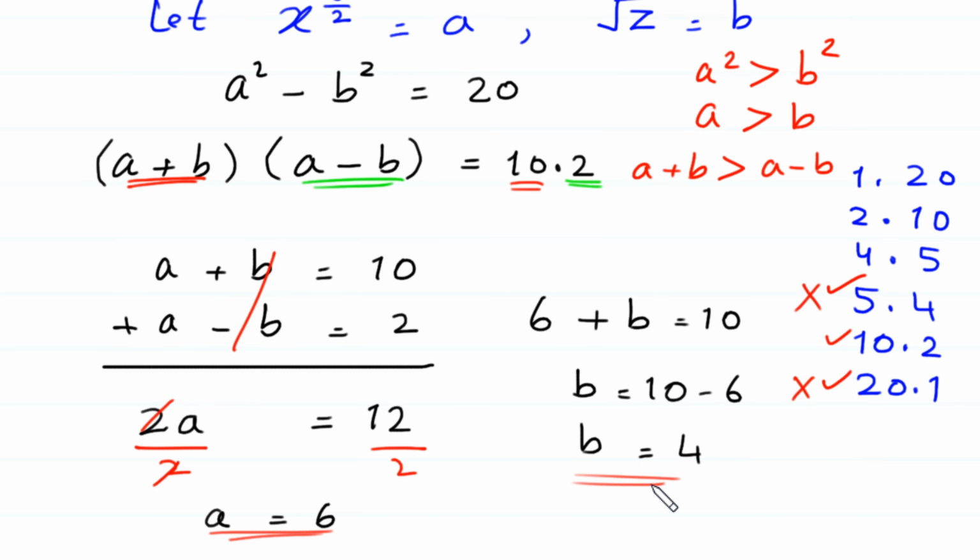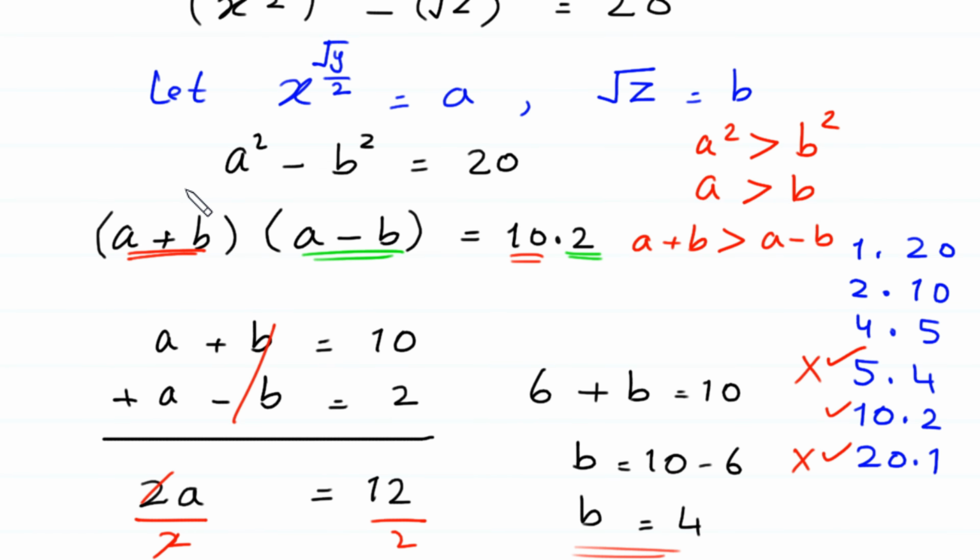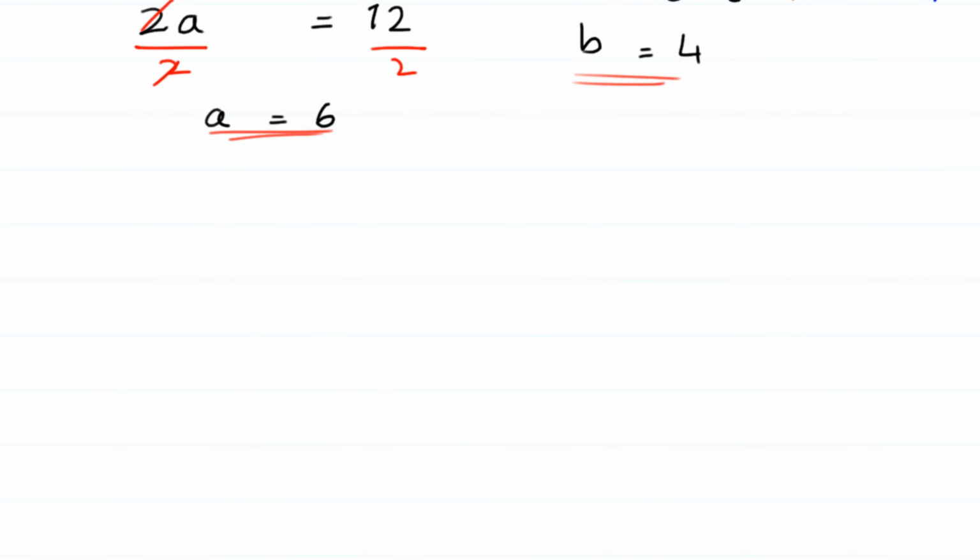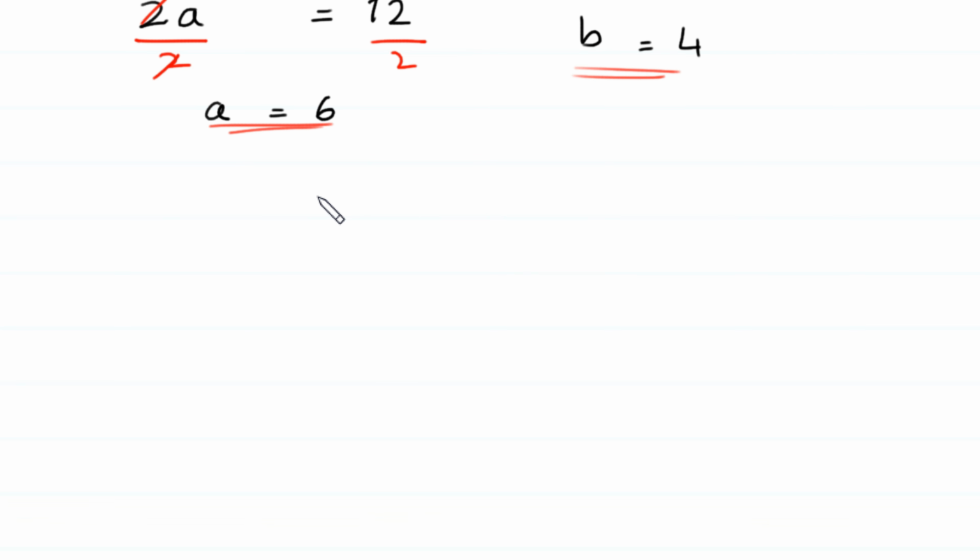Now recall that we have supposed that x to the power square root of y over 2 is equal to a and square root of z is equal to b.